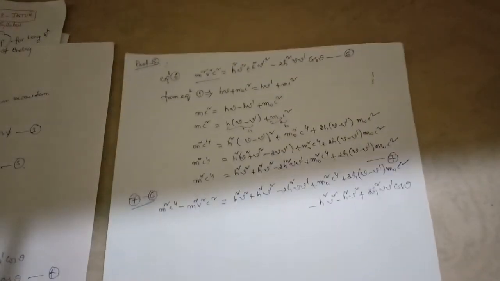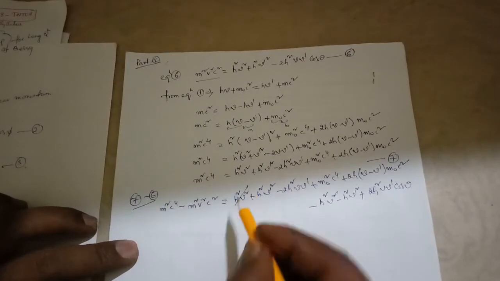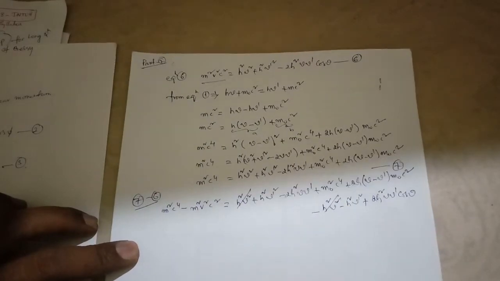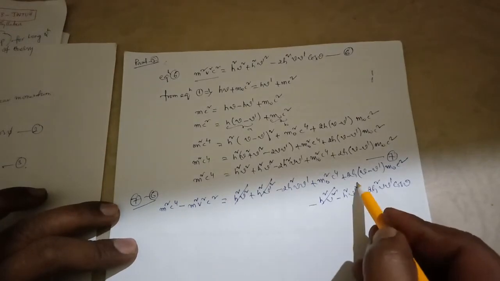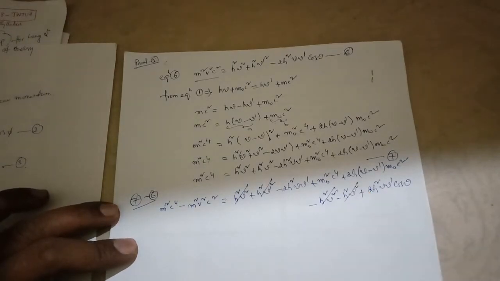Clear? Now h square mu square minus h square mu square gets cancelled. H square mu dash square minus h square mu dash square gets cancelled.